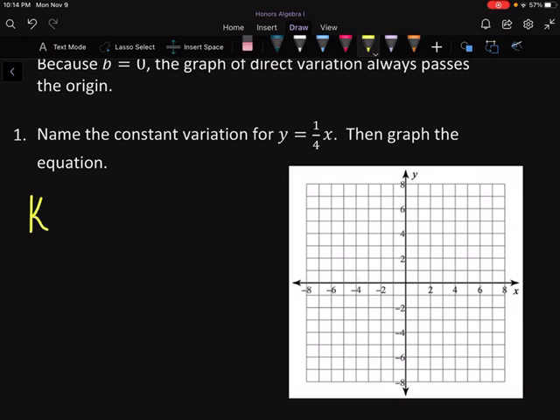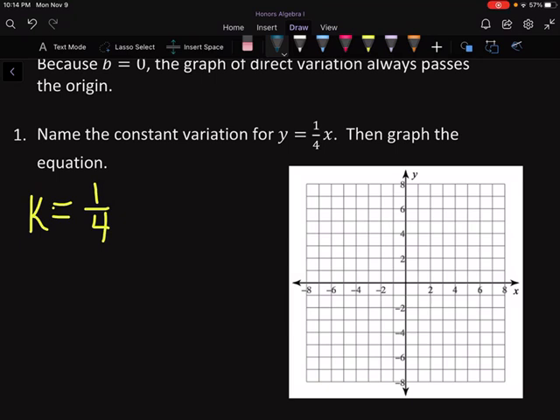So I can say k is equal to 1/4. So we definitely know that the slope is the same thing as the constant of variation. There will be a question on your homework just like this, asking you to relate the constant of variation to slope and to the rate of change.